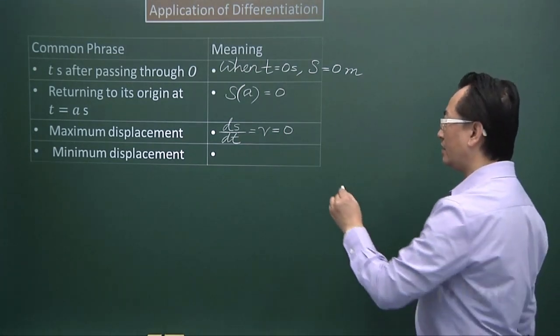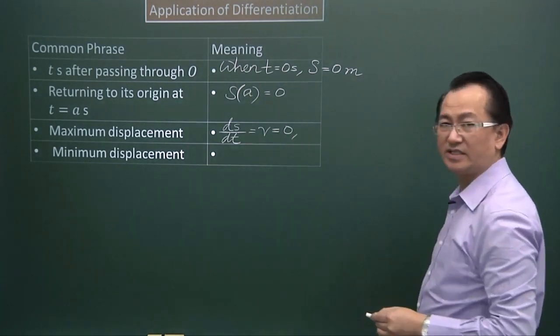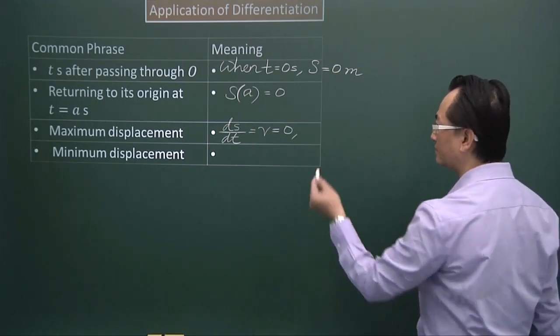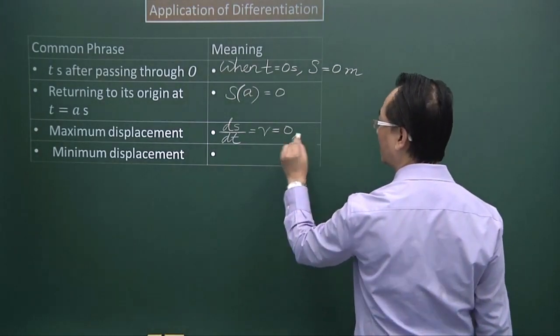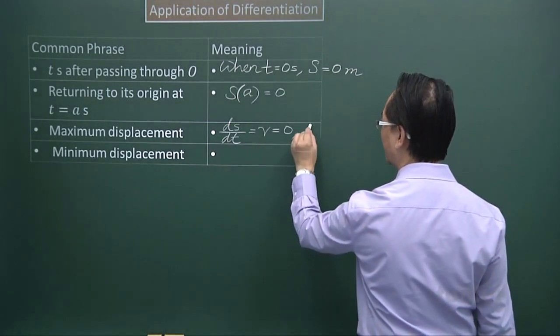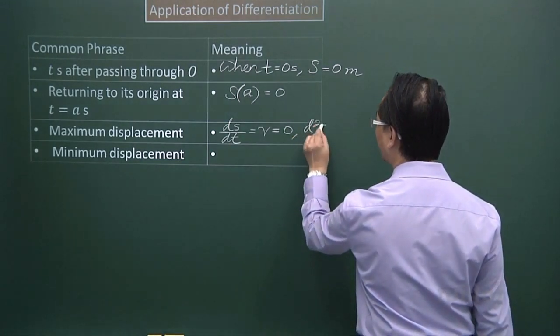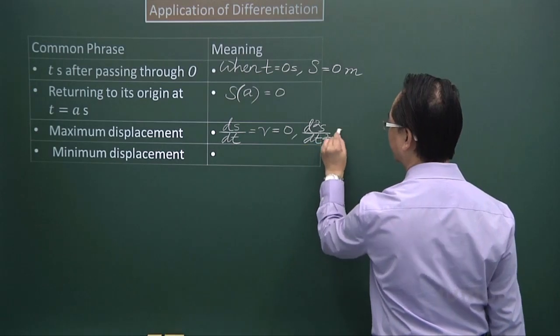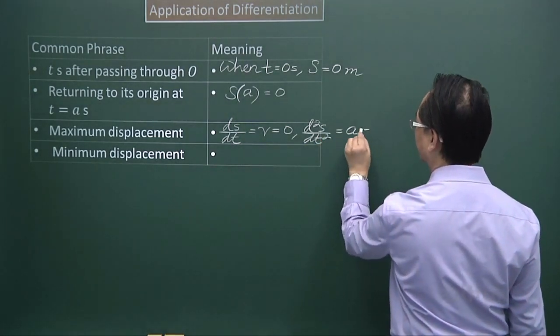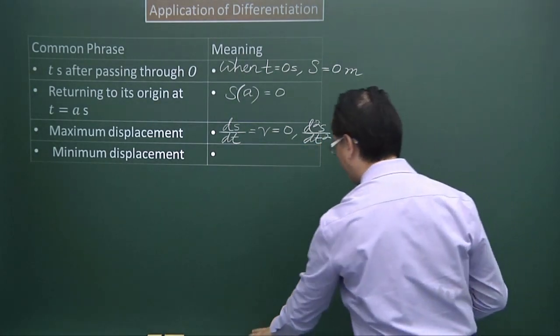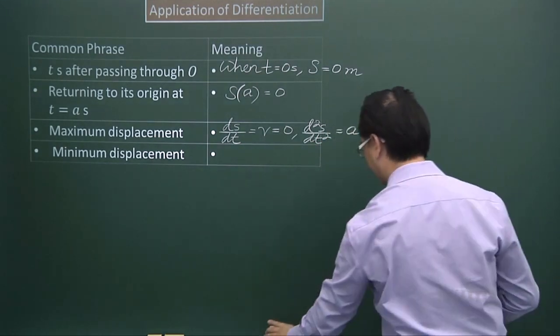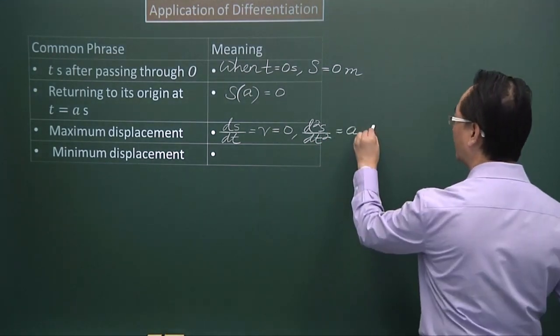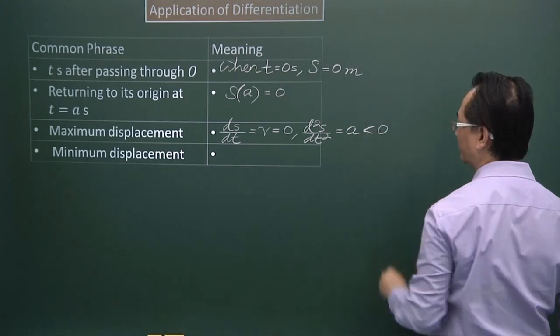Now, I will use the second derivative of the displacement to decide whether it is a maximum displacement. So if it's going to be a maximum displacement, then I would have the value less than 0.